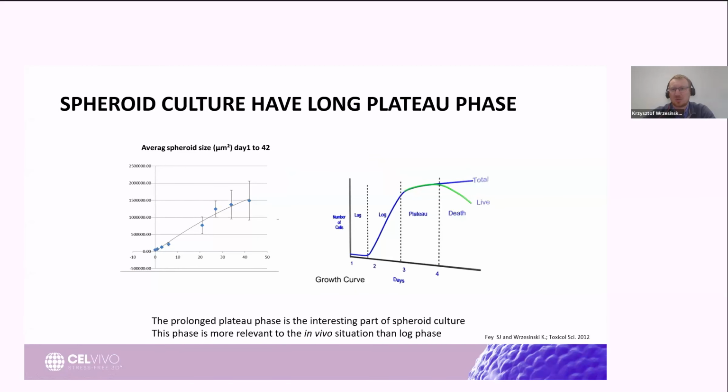Constructing the 3D based models allows us to actually create a prolonged plateau window, and we are also able to control it better.